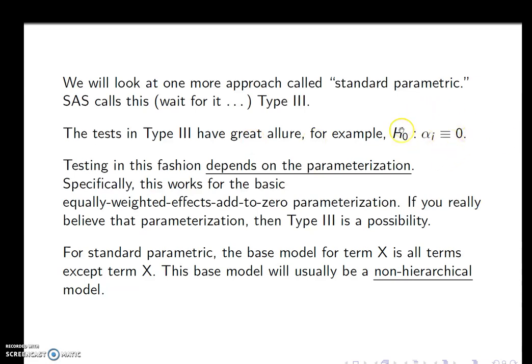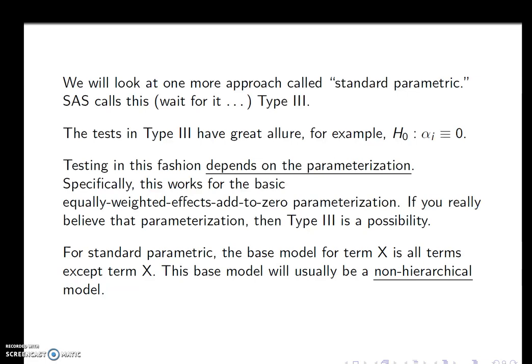So that's appealing at some level. A type 3 hypothesis could be something like this. The effect at levels I are all 0 for some factor. Testing depends upon the parameterization, though, when we're using type 3 sums of squares. So this works for the basic equally weighted effects add to 0 parameterization that we've been using all the time up until the end of these factorial chapters.